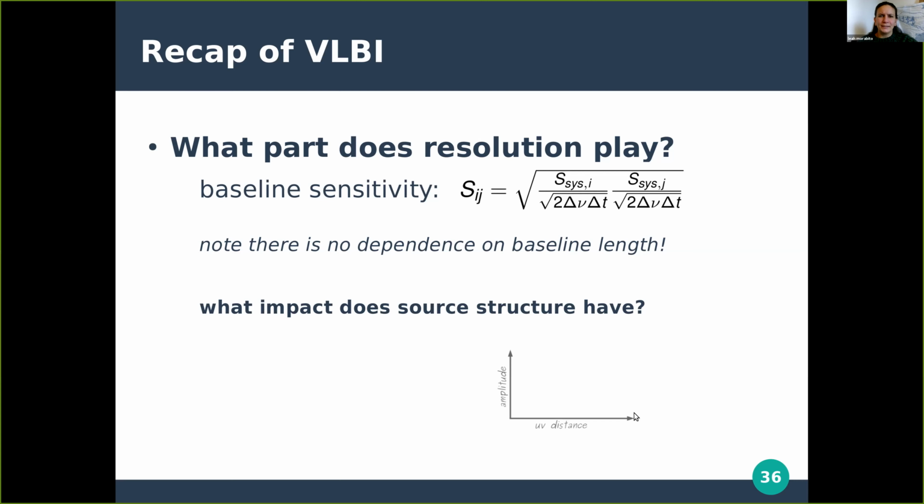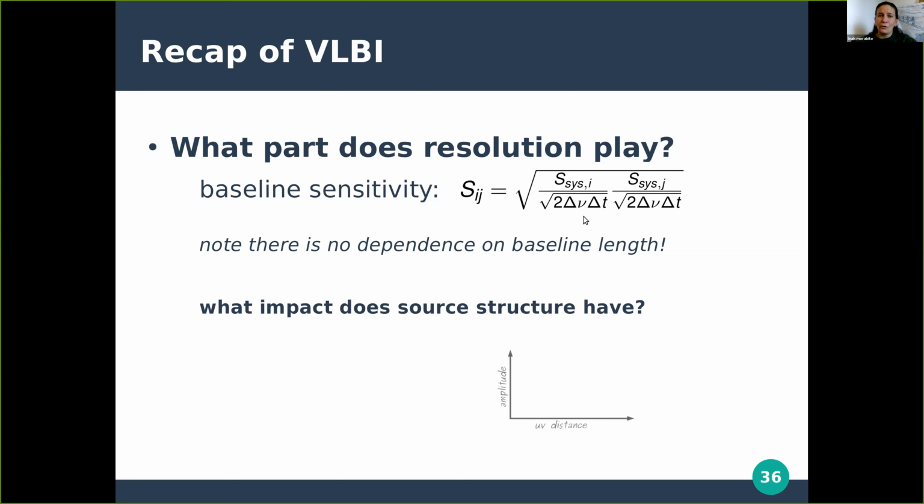Let's look at the baseline sensitivity equation. So this is the sensitivity, Sij, on a particular baseline between antenna i and antenna j. You can see that this is dependent on the system temperature of each antenna. It's dependent also on the bandwidth of your observation and the time of your observation. Note, however, there is no dependence here on baseline length.